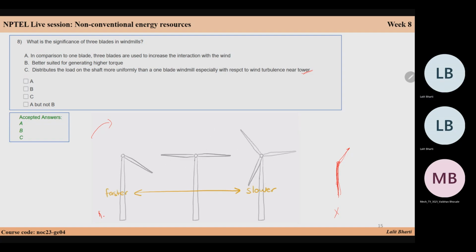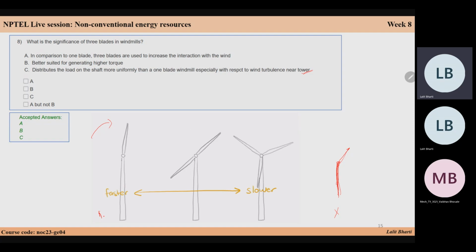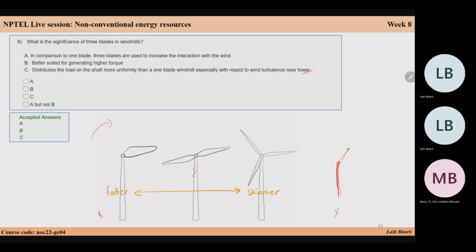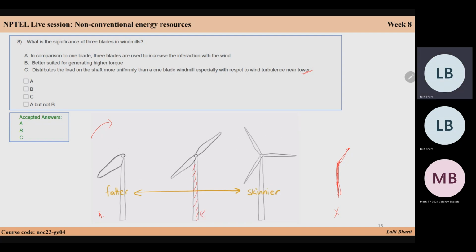The next one is the two-blade system, but in our previous question we have already seen that these two-blade systems are also affected by this main shaft.